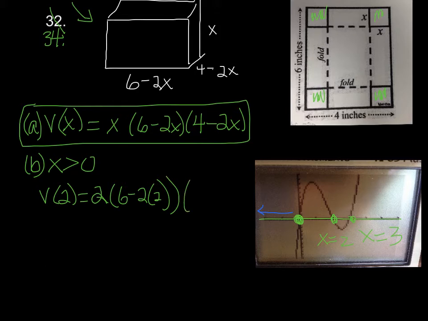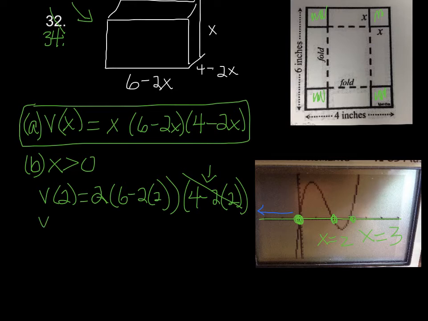Okay, but then here's the problem. I'm going to get 4 minus 2 times 2. And that's an issue, because what is 4 minus 2 times 2? That's 0. And I can't have the length of any three-dimensional figure, or really the length of anything, be a 0. So that 2 does not make sense for our domain.